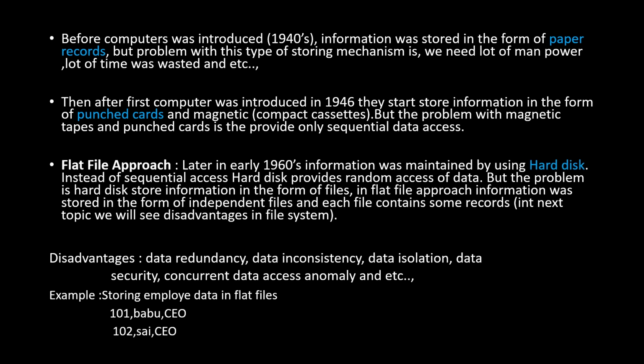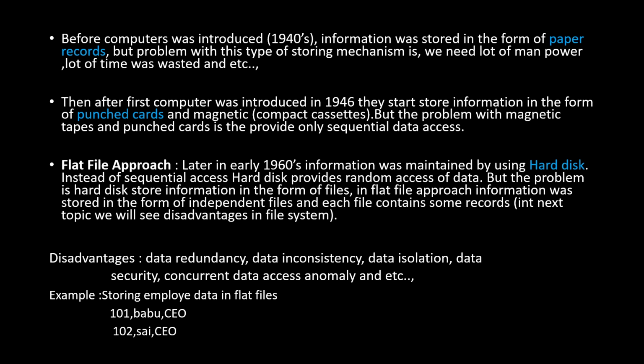Later in the 1960s, the flat file approach was introduced. In this, the information was maintained by using hard disk. Instead of sequential access, the hard disk provides random access of data. But the problem with the hard disk is that storing information in the form of files can allow other users to access our files.